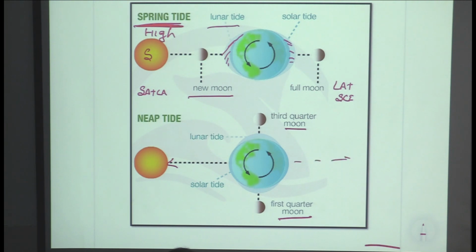And if you take the first and the last quarter of the moon, then the solar attraction and centrifugal and lunar attraction and centrifugal will be in perpendicular alignment to each other. As such, I will be developing neap tides. This perpendicular alignment, neap tides, will be low tides.